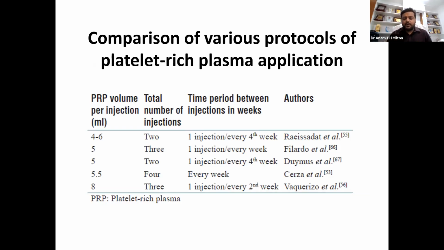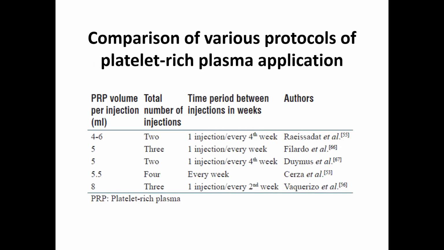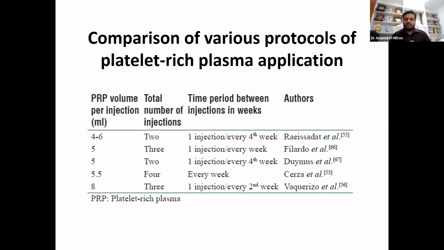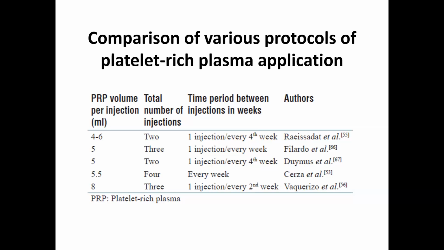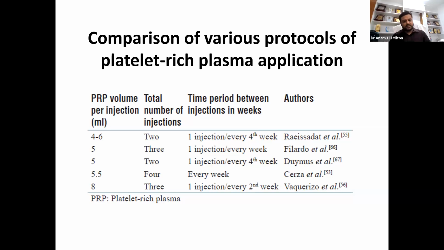What we did in Sarodia was 2 to 3 platelet rich plasma injections in the injury site or osteoarthritic site, every 3 to 4 weeks alternately.